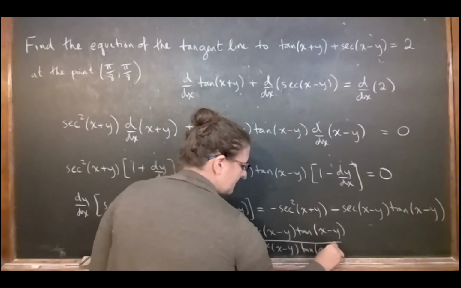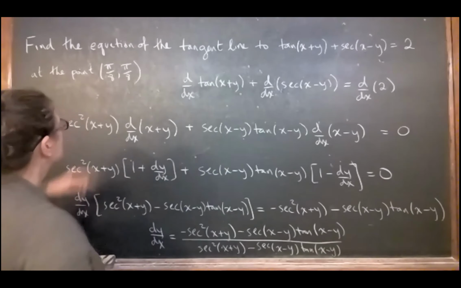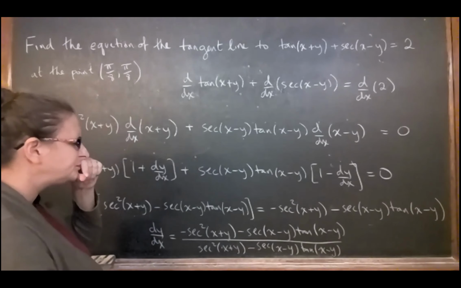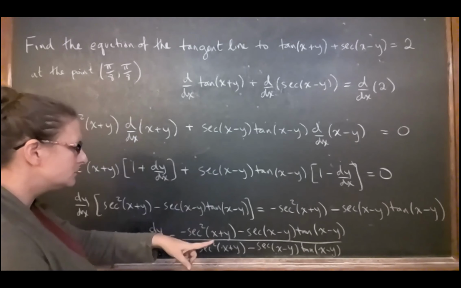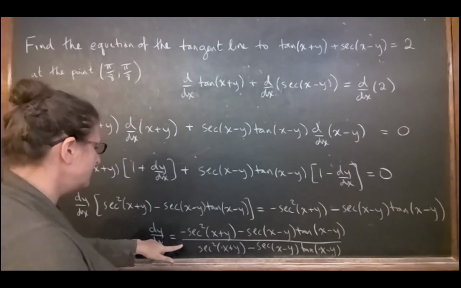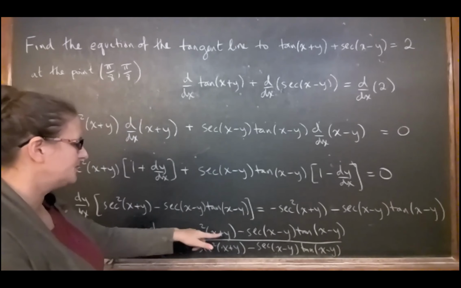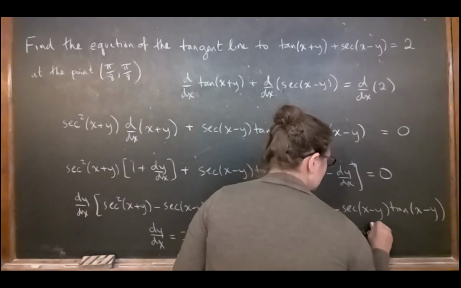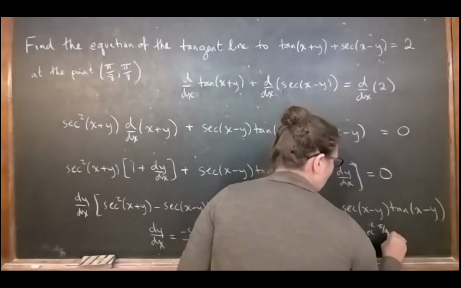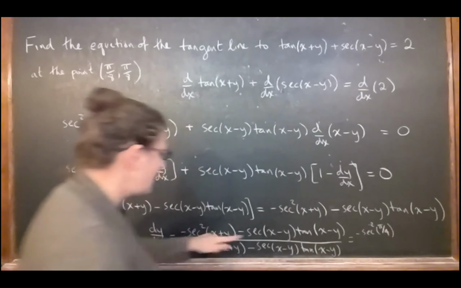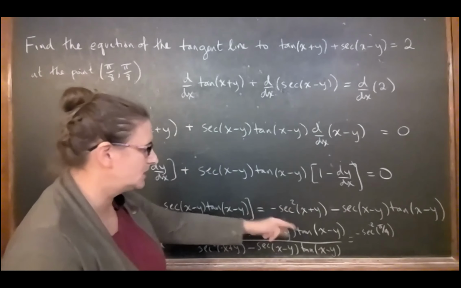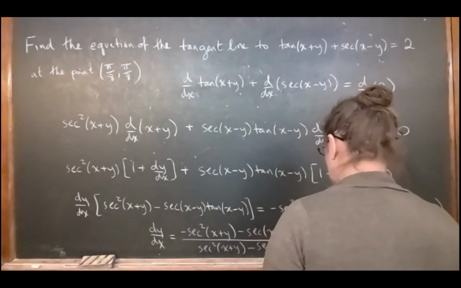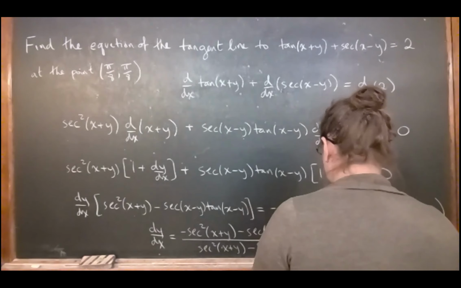So now I have to evaluate at the point. The point was pi over 8, right? So I'm going to end up with pi over 8 plus pi over 8, that's going to be pi over 4, right? So I end up with minus secant squared of pi over 4. Okay, and then secant of 0, wait, no, secant of 0 is 1.